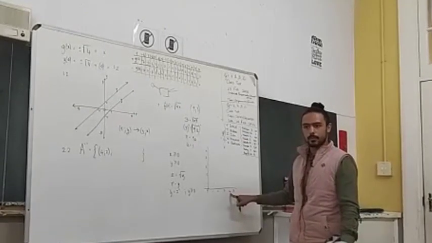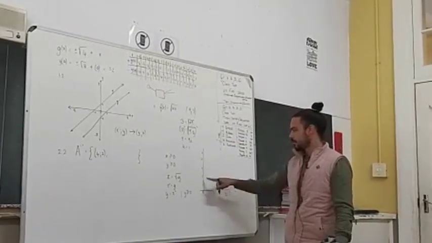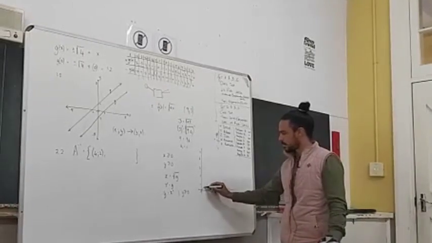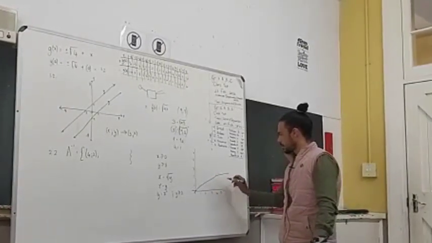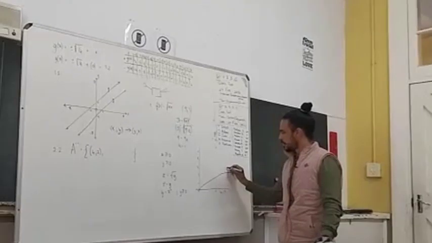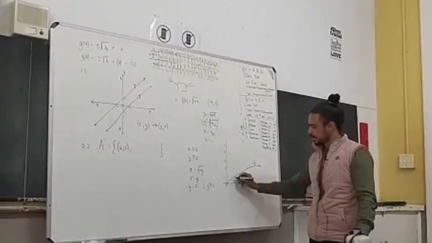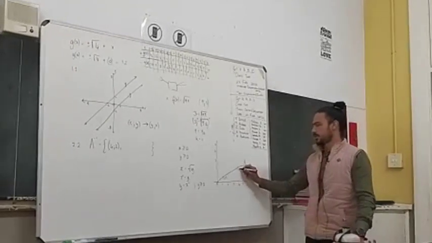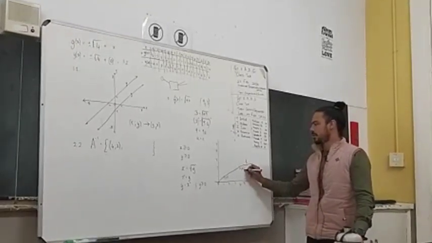But the square root of 4 will be 2. So there I have my first answer. It goes like this, and this is f. So the values that I substituted there are 1 and 1, and then 2 and 4.